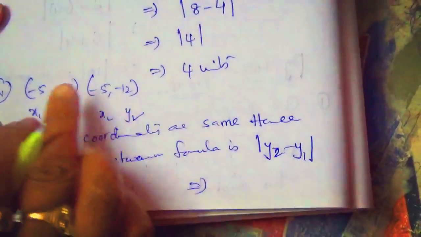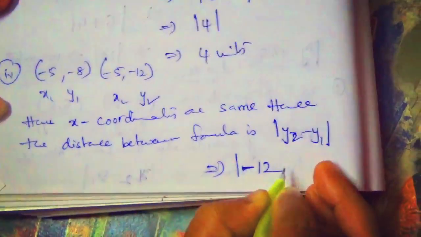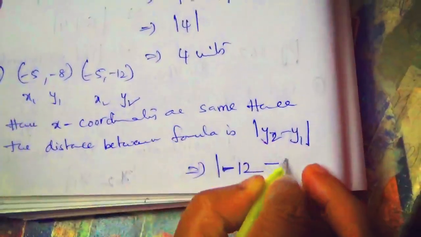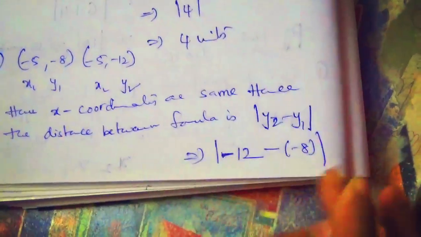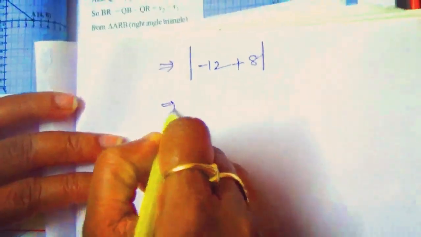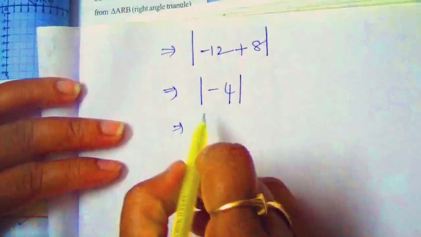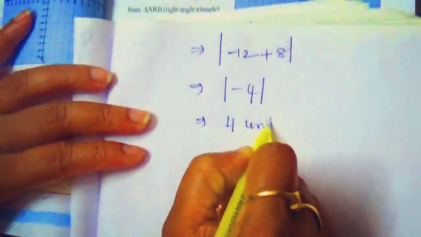What is y2? Minus 12, minus y1 which is minus 8, right? So that implies the modulus of minus 12 plus 8, that implies minus 4. The modulus gives the positive value, hence 4 units. That's it, this is the solution.